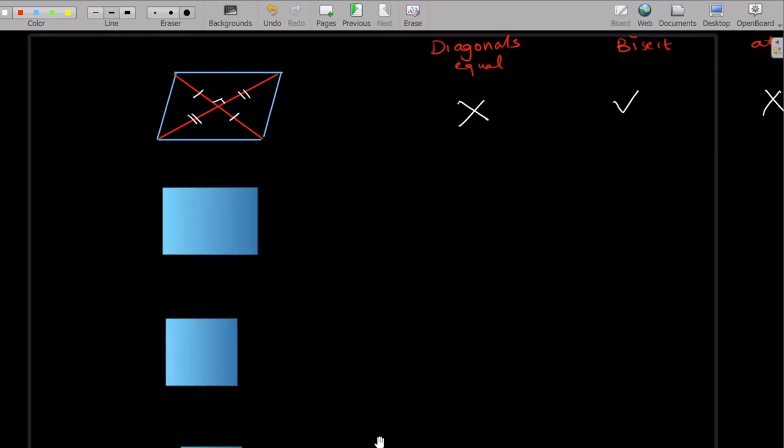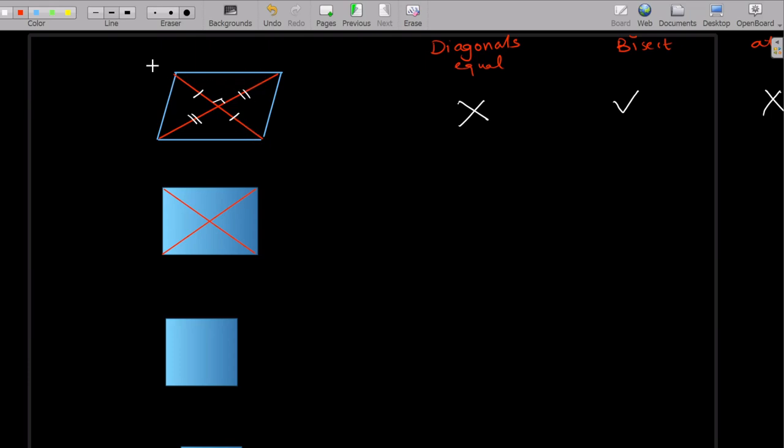Now let's come to rectangle, Tanveer. Now for rectangle, do you think diagonals will be equal? Yeah, I think so. Definitely.